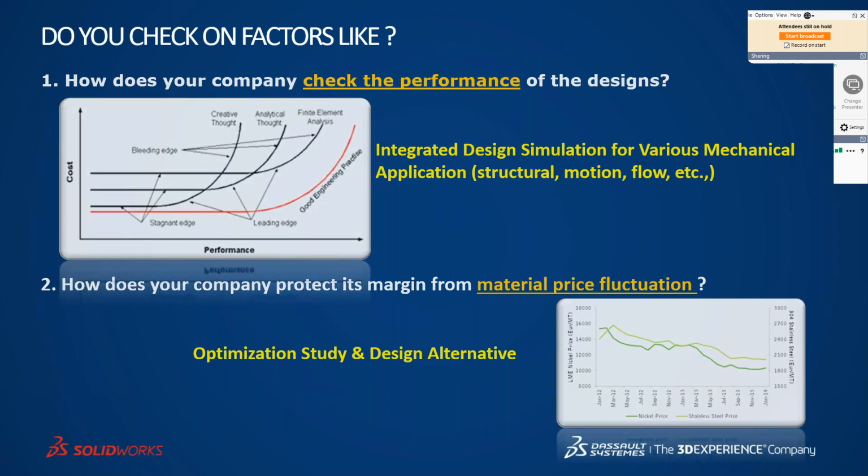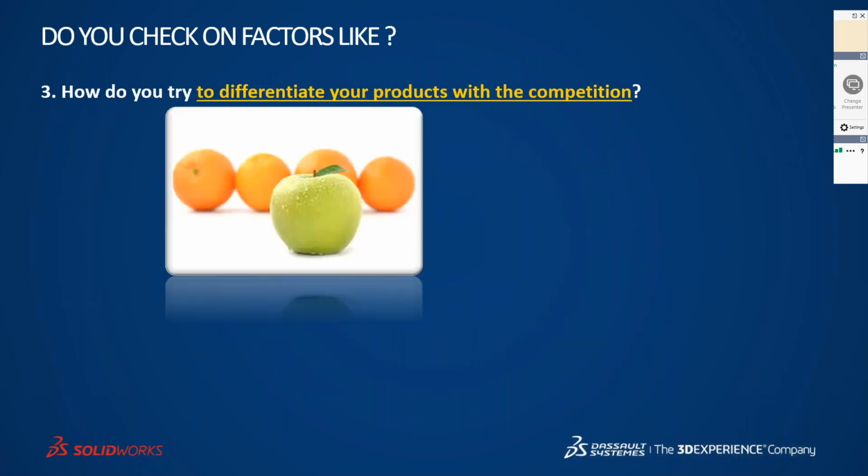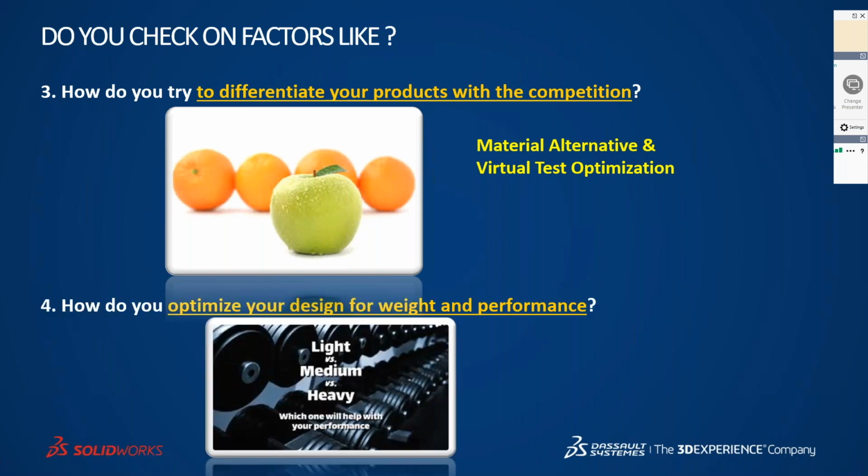How do you differentiate your products in the market? That's one of the important things now in order to survive; otherwise, you will not be able to survive in the market. We can use material alternatives or virtual test optimization, where you will be able to know whether the product you are designing will sustain in the market.